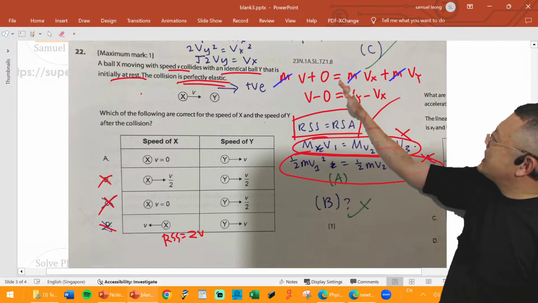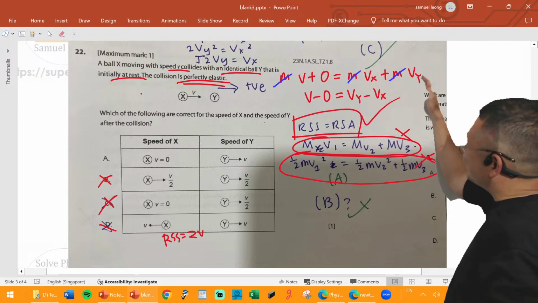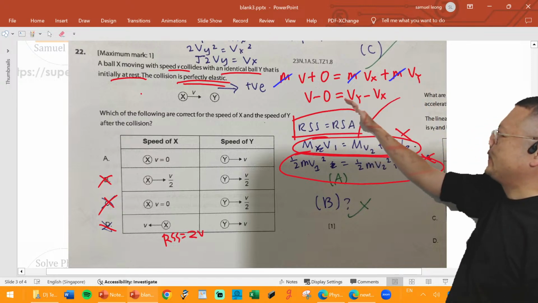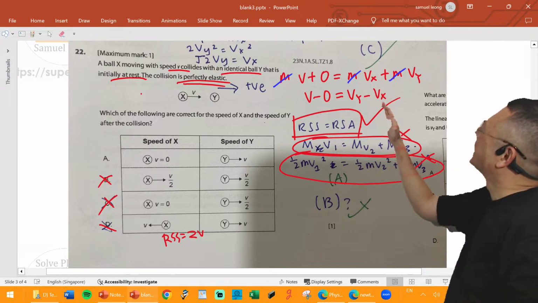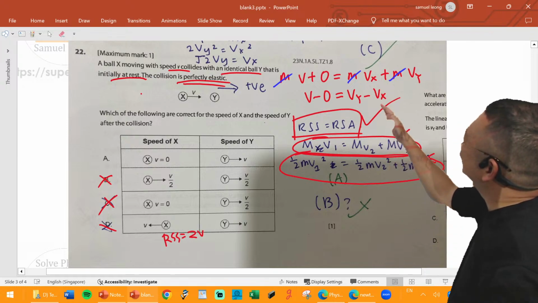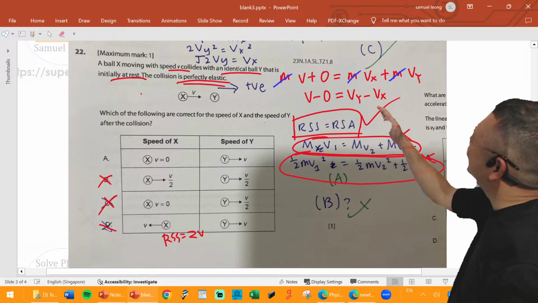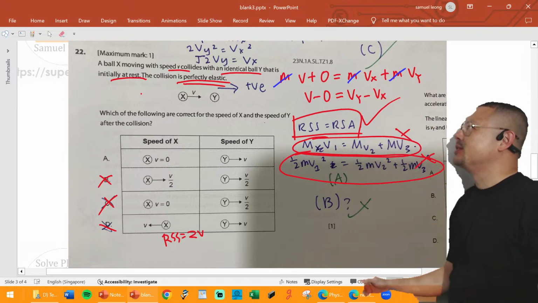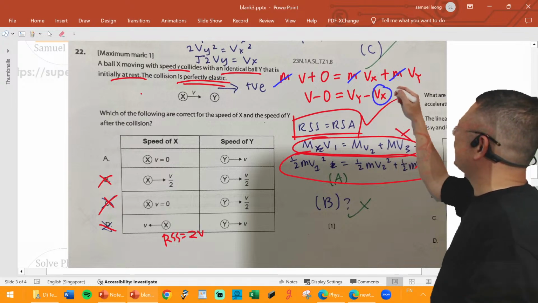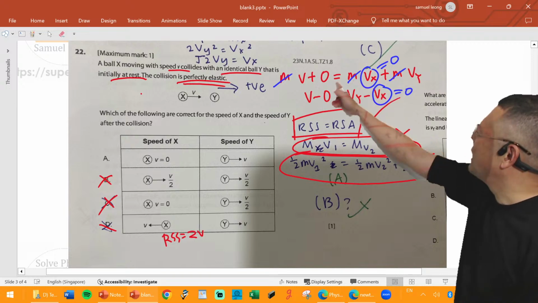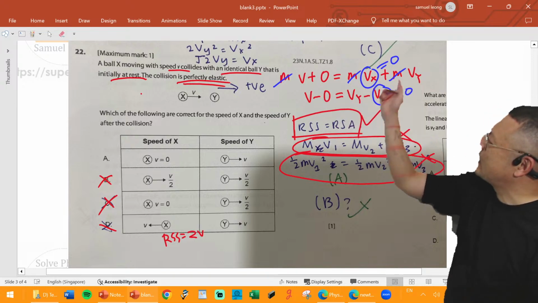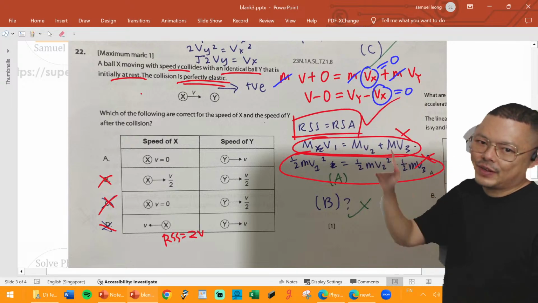So v equals v_x plus v_y, and v also equals v_y minus v_x. That means the only solution is v_x is 0. v_x must be 0 in order for both equations to be true.